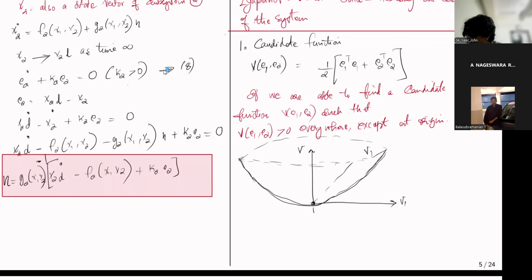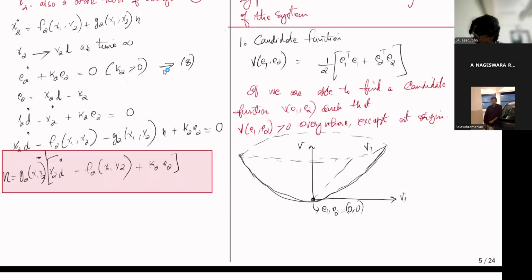And this point would be the origin, e1, e2 equal to 0, 0. As you can see, if you move away from this origin, in any direction, the value of V of e1, e2 is positive. So that should be one of the conditions. It should be positive everywhere except at the origin, where it can be 0.